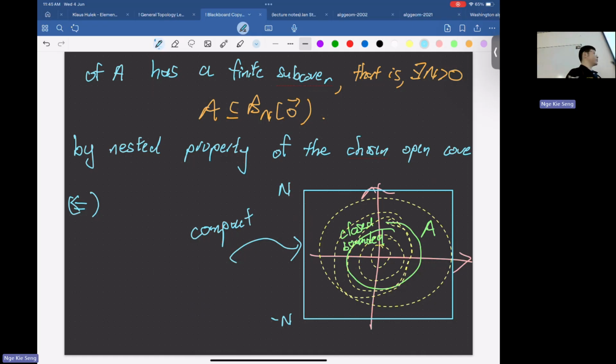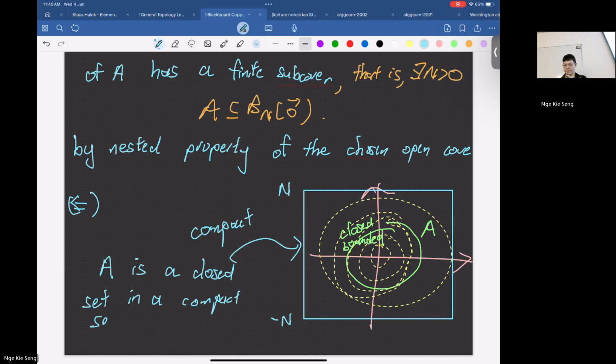But here we use that a finite product of compact sets is compact. So this is compact. So A is a closed set in a compact set, so A is compact.